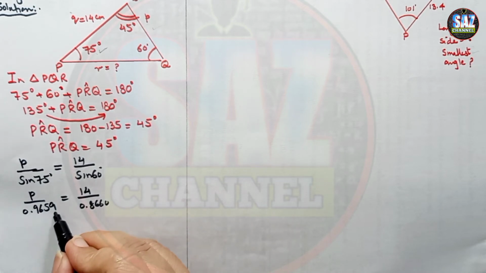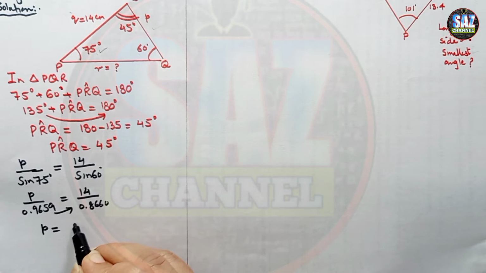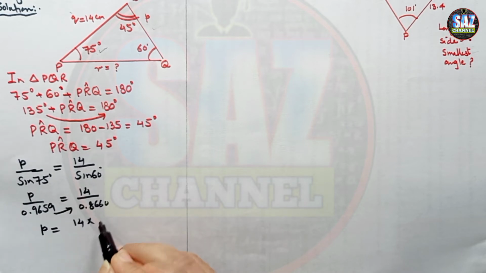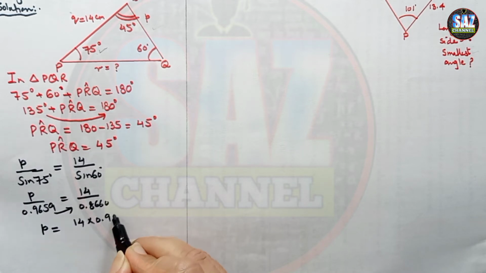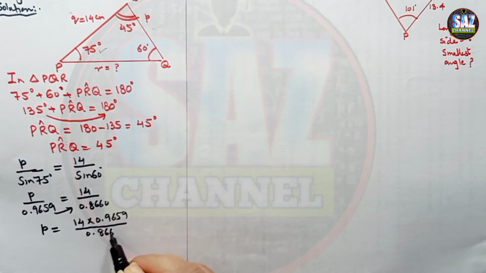Now what I have to do, I have to shift this 0.9659 to the other side. p equals 14 multiplied by 0.9659 upon 0.8660.